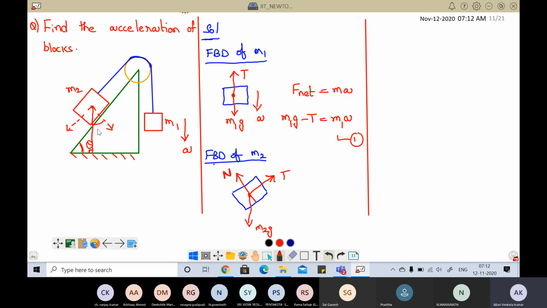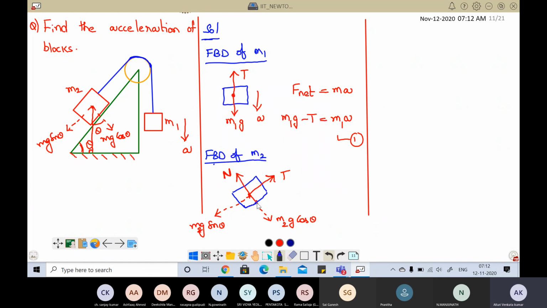So this component will be M2G cos theta, and this component will be M2G sin theta.